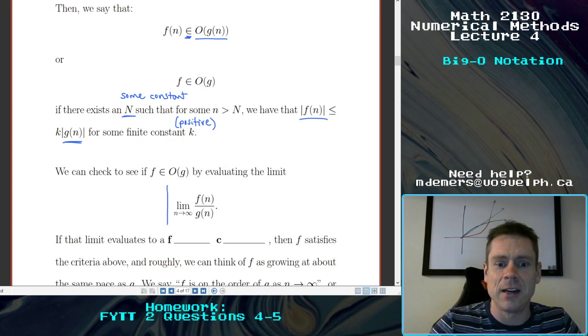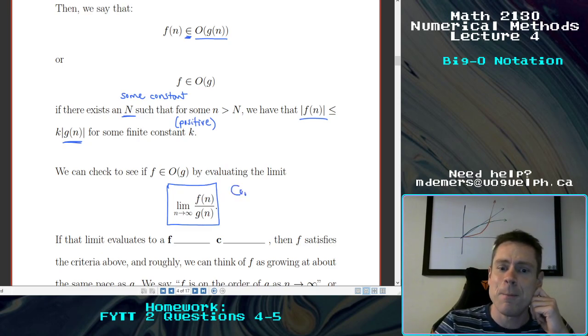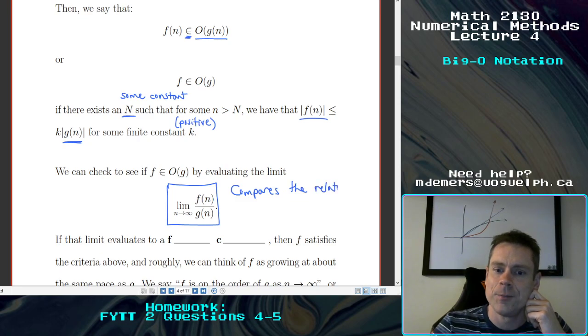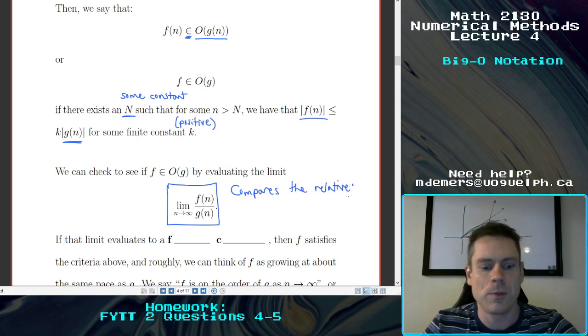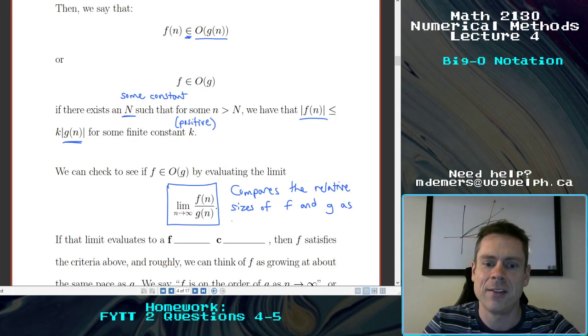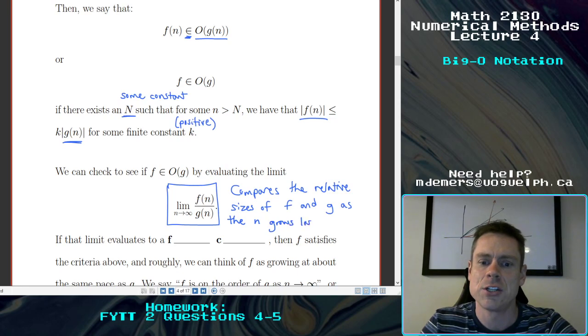This limit right here, the limit as n goes to infinity of f of n over g of n, compares the relative sizes of f and g as n grows large.